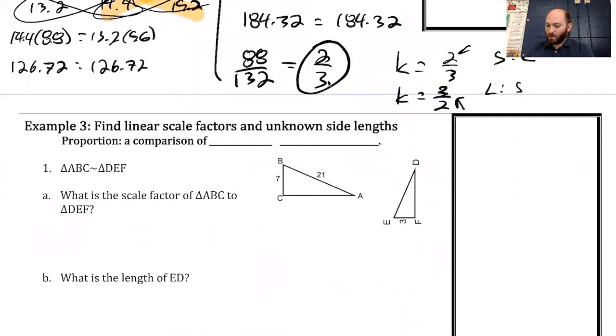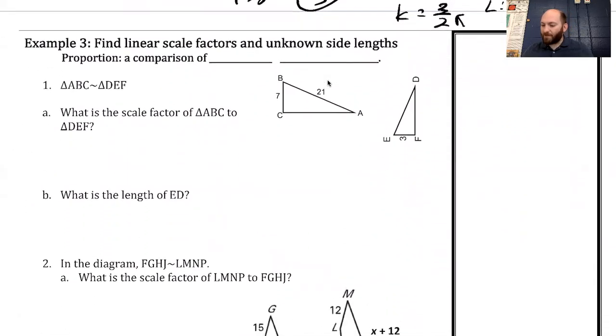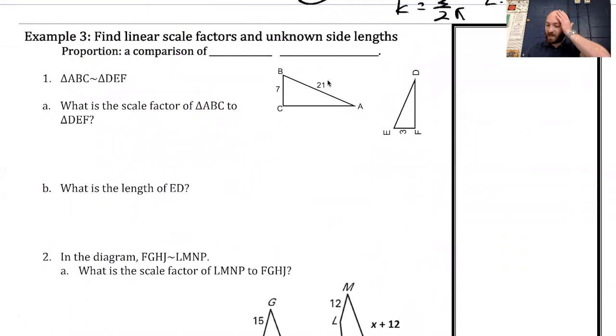Example 3, find linear scale factors on unknown sidelines. Remember, a proportion is a comparison of equal ratios. In this scenario, triangle ABC is similar to triangle DEF. What is the scale factor of triangle ABC to DEF?